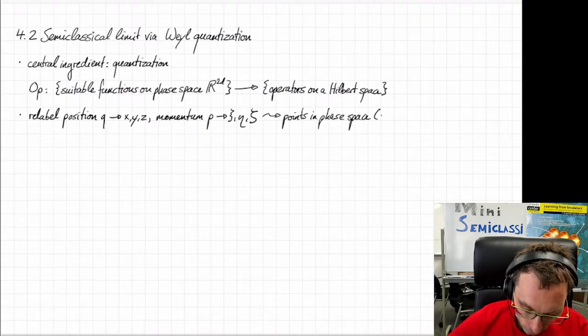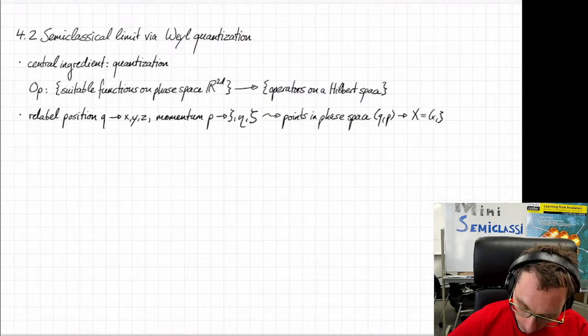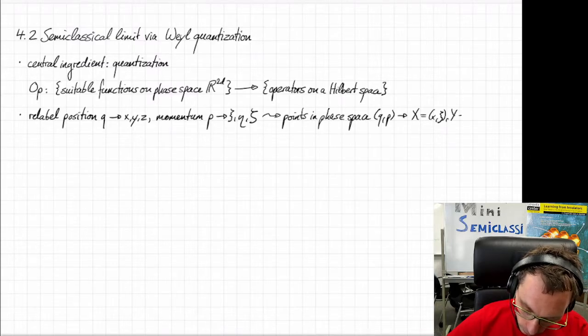So instead of using q and p, you use capital X, which is small x and psi. You use capital Y, which is small y and eta. And then you use capital Z, which is small z and zeta.